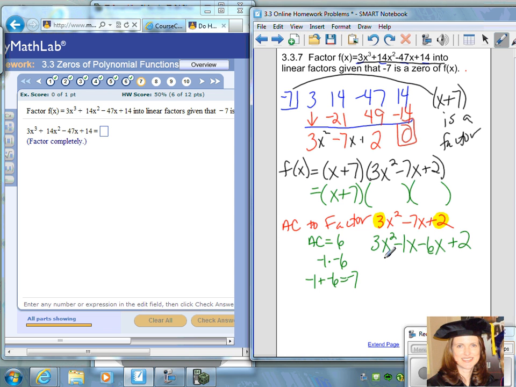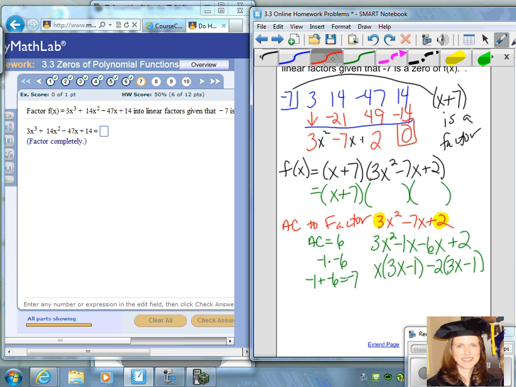Factor by grouping. You can factor an x out of the first two terms to get 3x minus 1. You can factor a minus 2 out of the last two terms to get 3x minus 1. And then the factors are found.